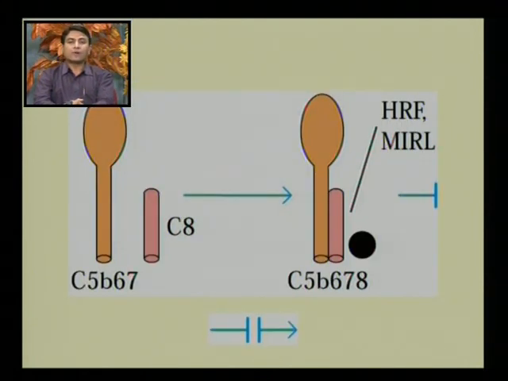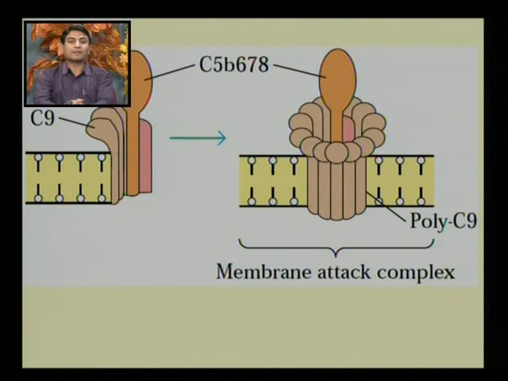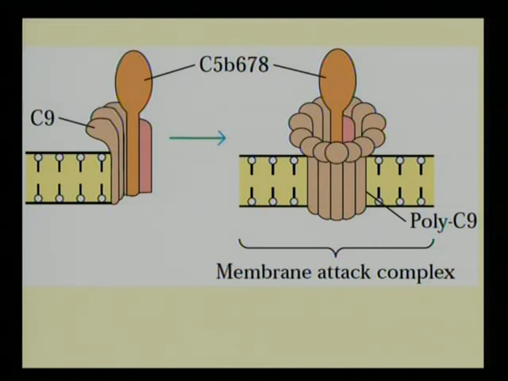As you can see over here, when C5b678 binds the factor HRF or MIRL, that prevents binding of C9, and once C9 does not bind, a very small pore is created, and that pore is again cleared.